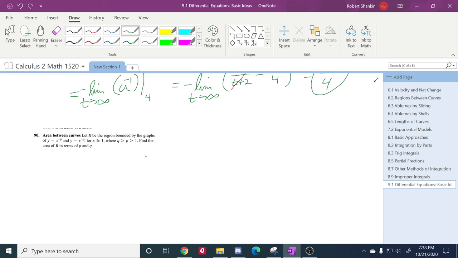Alright, so for me, this is just the way that my head works. I kind of have to think of it like this: y equals x to the minus 4, and now if the p was 4, then the q would have to be even larger than that, like 5.